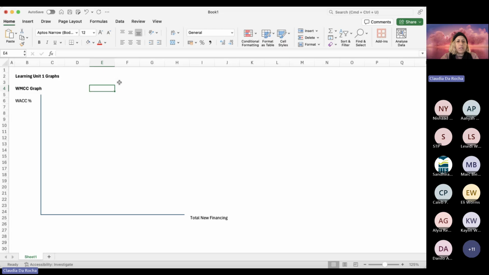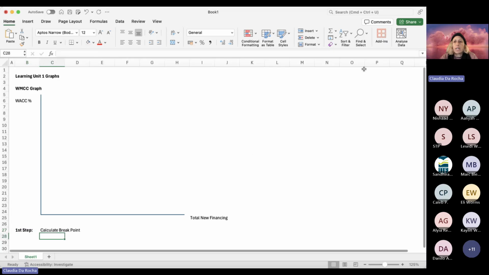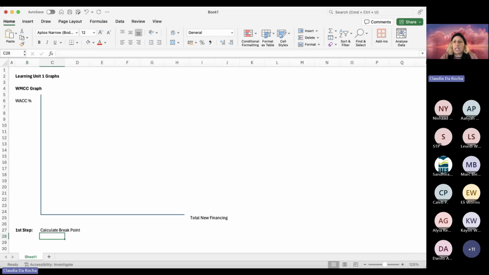So I'm just going to put under here: calculate breakpoint. Your breakpoint is the formula that I would have shown you. Let me maybe share my screen a different way, then you can see the two together.